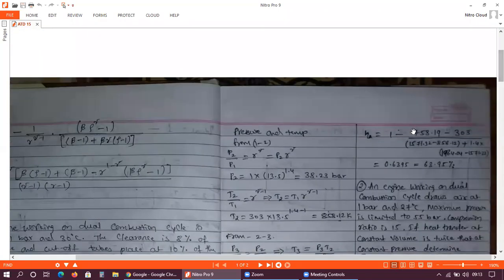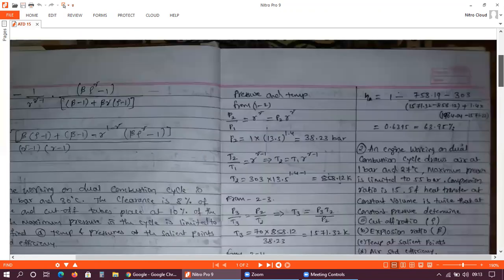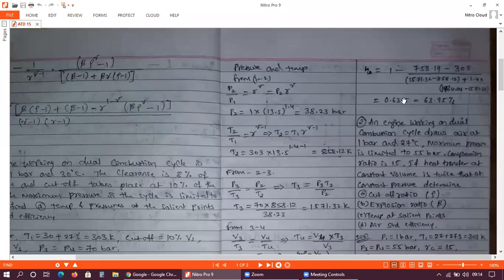Just substitute the values here: 1 minus (758.19 minus 303) divided by (1571.32 minus 858.12) plus 1.4 into bracket (1964.04 minus 1576.22). Operate the calculator properly, and we'll get the efficiency as 0.6395, or we can say 63.95% is the efficiency of this dual combustion cycle.